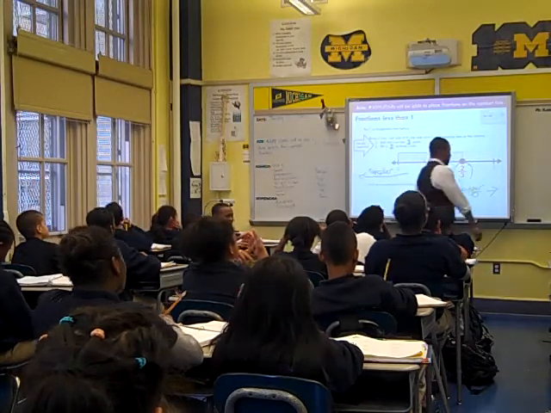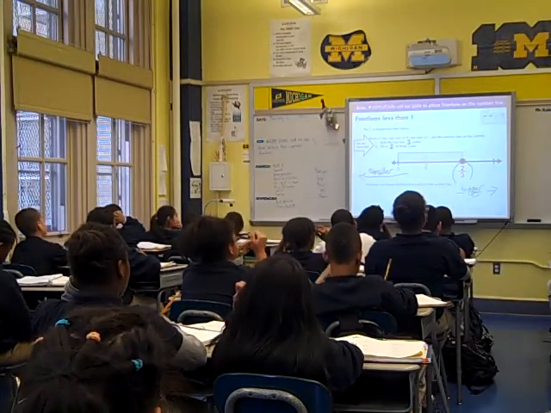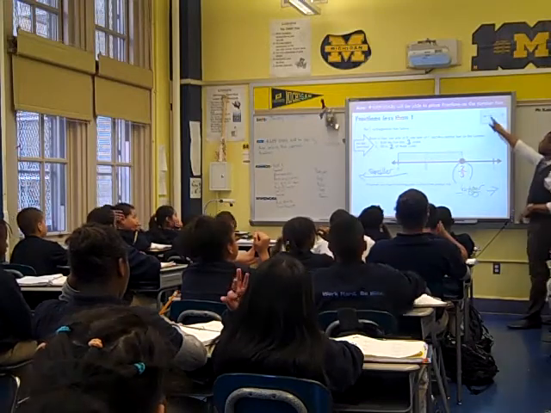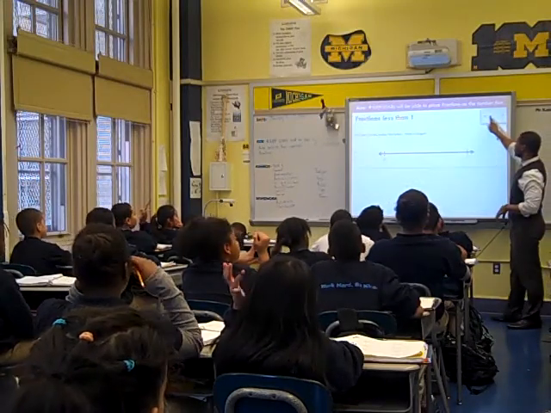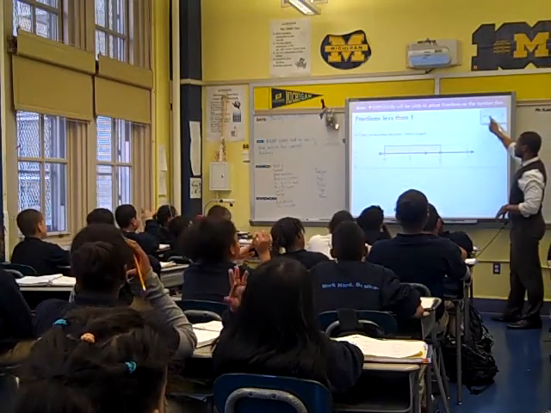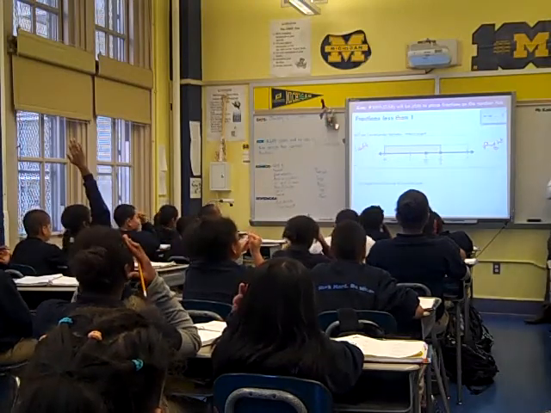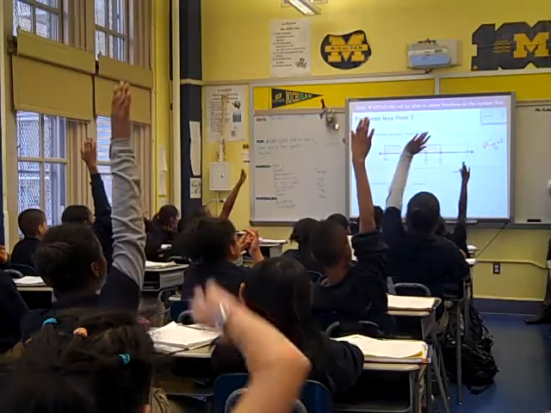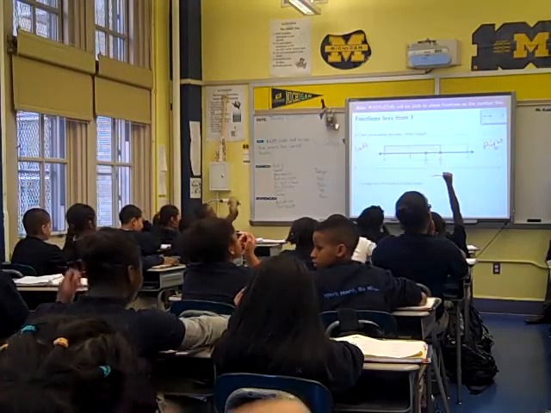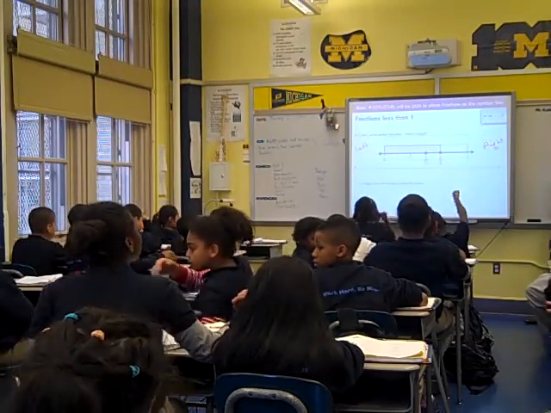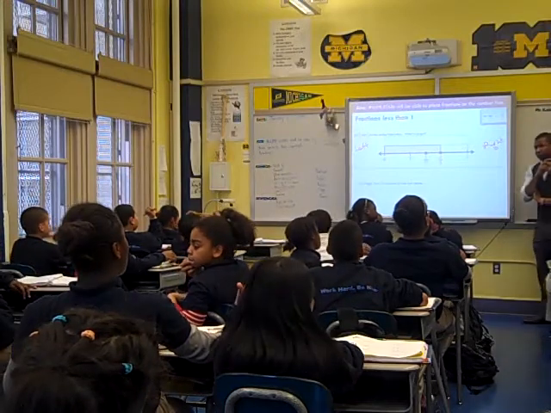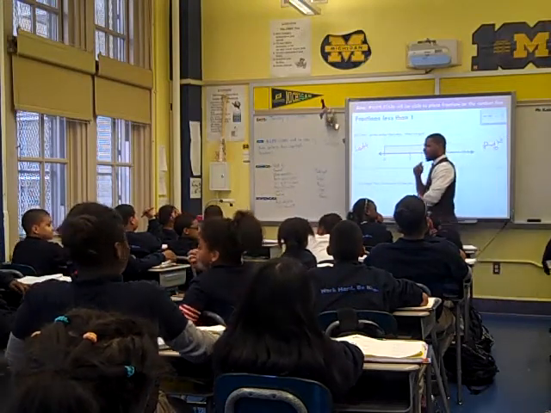When we go to the right on the number line, we are getting bigger. Looking at this, which fraction is further to the right? Tahima. 2/3 is further to the right. So that is bigger.